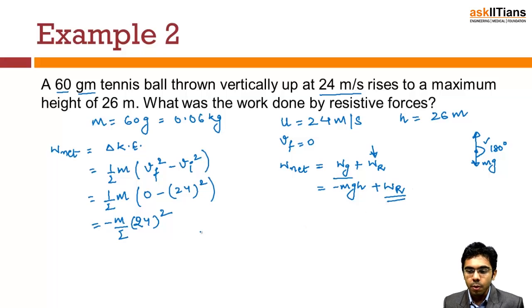After substituting the values, work done by gravity plus work done by the resistive force is minus mgh plus work done resistive is equal to minus m by 2 times 24 squared.